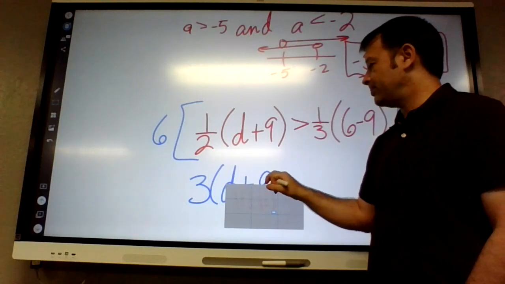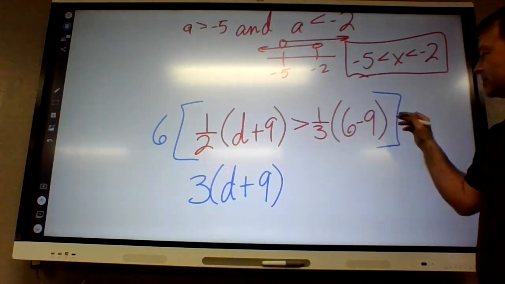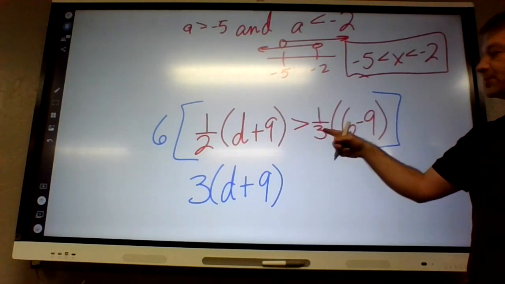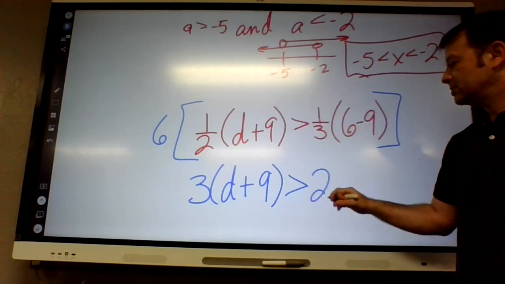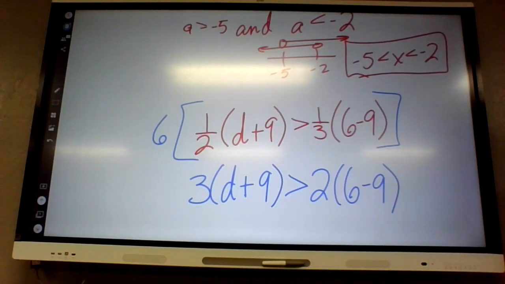So you multiply terms on both sides by 6, and that side becomes a 3. This side becomes 1/3 times 6, 2. Okay, so that got rid of the fractions. You don't have to do that, but it makes it easier to not use a calculator and do it this way.